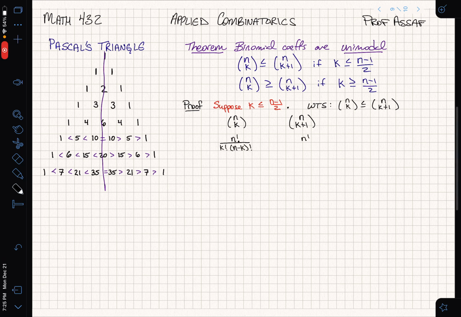Over here, we have n factorial divided by (k plus 1) factorial times (n minus k minus 1) factorial. Now, keep in mind that until we use this fact, we should not be able to conclude which of these is bigger, because it depends very heavily on this fact. Okay?